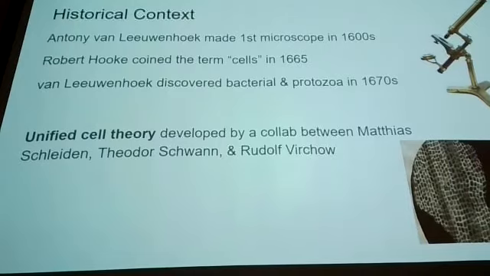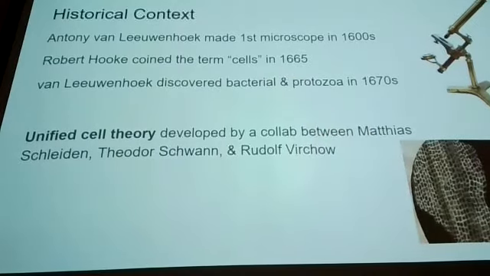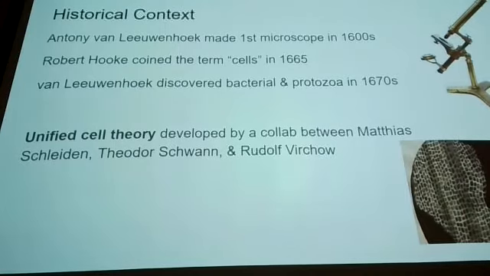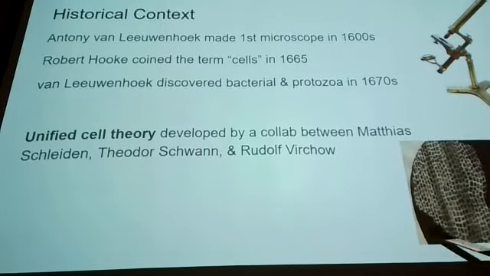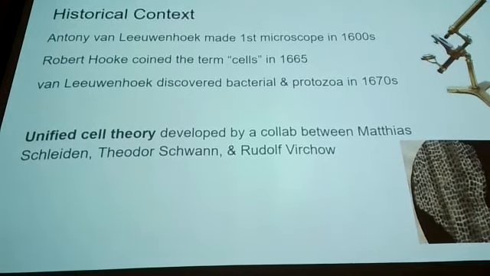So we first got this term cell in a paper that was published way back in 1665 by Robert Hooke. He was looking at cork, which is plant cells, under this microscope, and he's like, oh, look at all those little rings. It looks like jail cells. So boom, now that's why we call them cells.